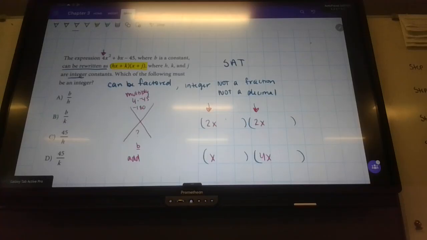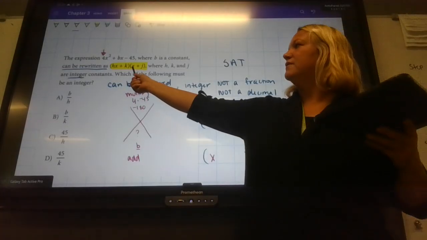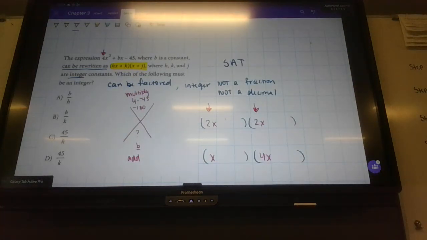Yes. You guys hear what she said? She said it's definitely not 2 and 2 because this would have an h with it. That is SAT thinking. All right, so right now we can go ahead and cross these out.